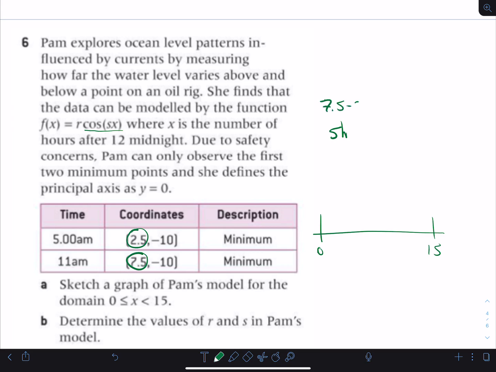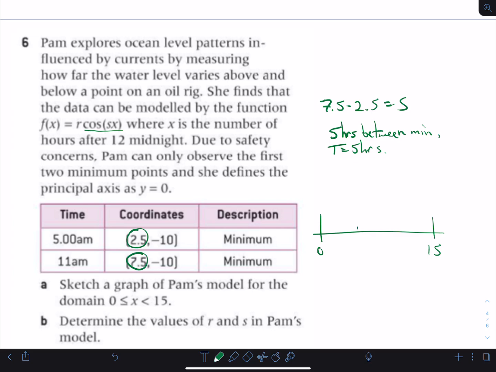So it's 7.5 minus 2.5 equals 5. 5 hours between minimums. Okay? Which means that that's the period. It's not quite right with tides, but okay, we'll let that go. I guess there's currents and all that stuff. So that's the period of repetition of this thing.